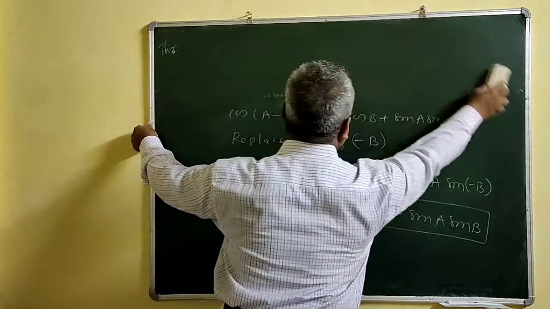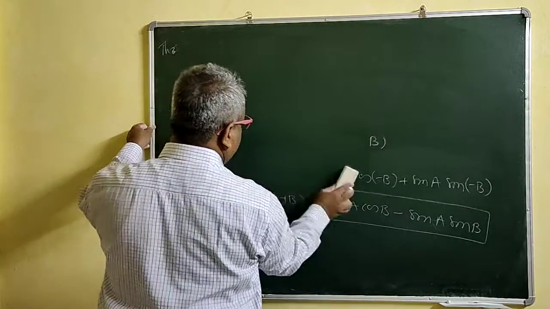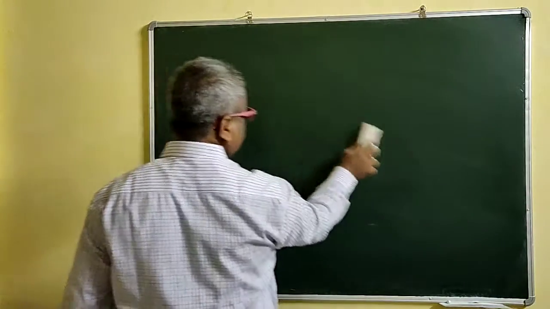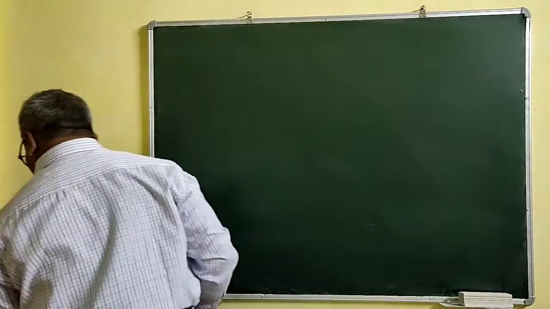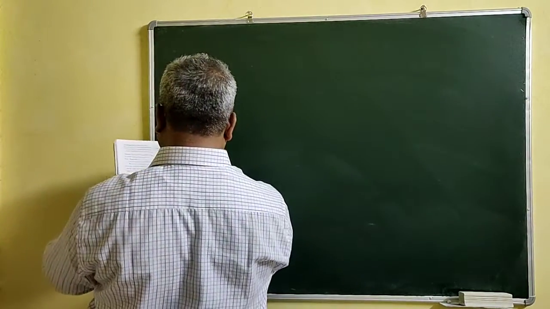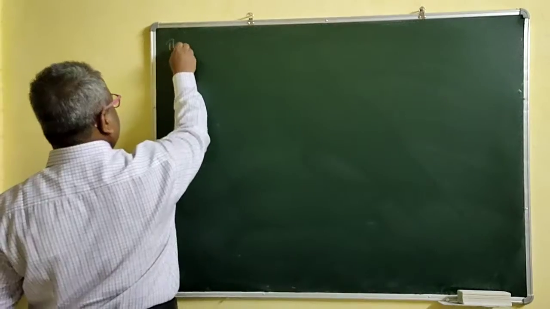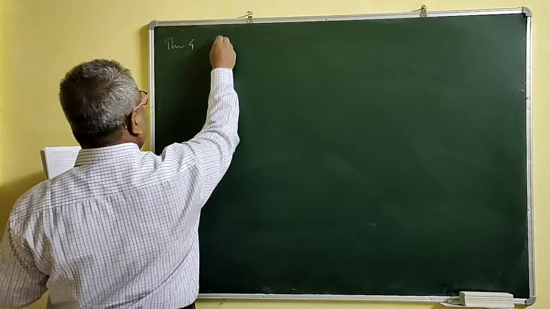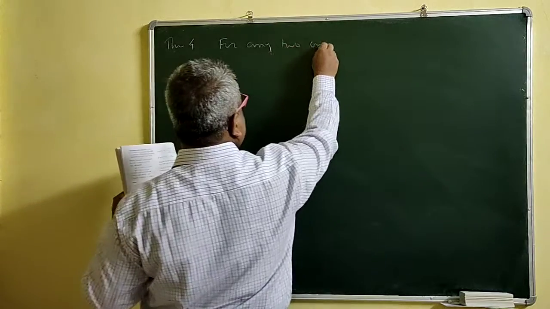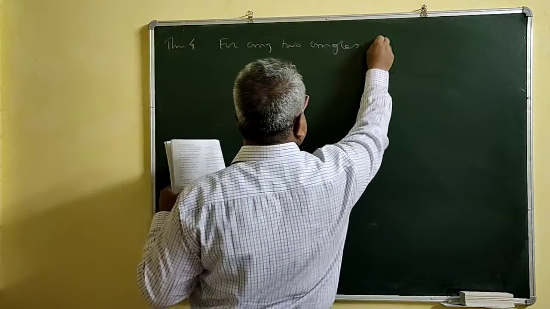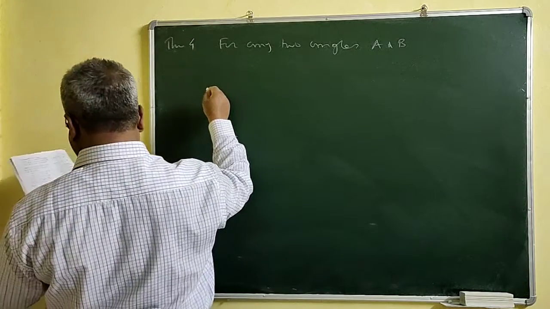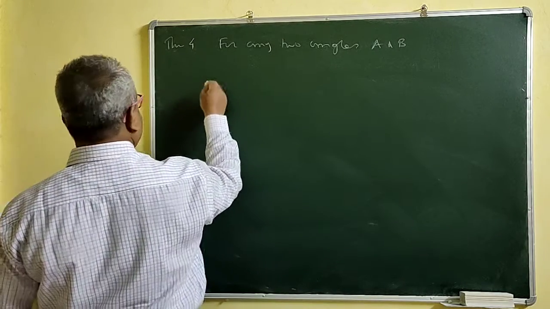Next, theorem 4 now. Theorem 4: for any two angles A and B, sin A plus B. Okay.